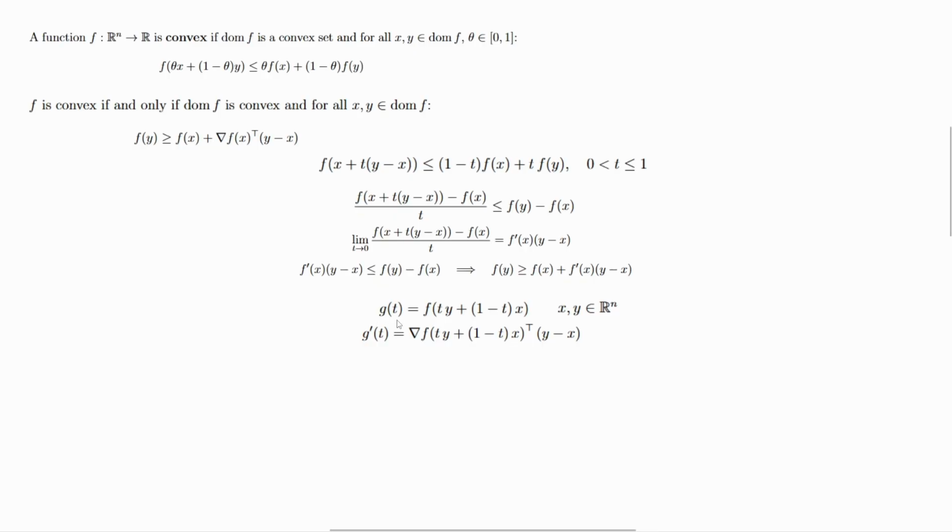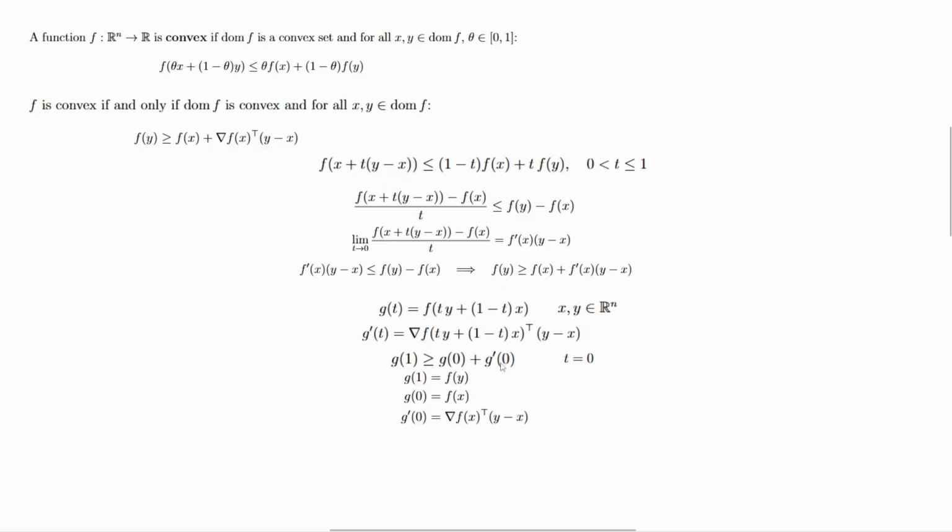In other words, g of t, parameterized by t, is simply a one-dimensional line. And since f is convex, we know that g of t must also be convex as well. Then we do this trick where we set t equals 0 and plug that into the g equation, and we get this.